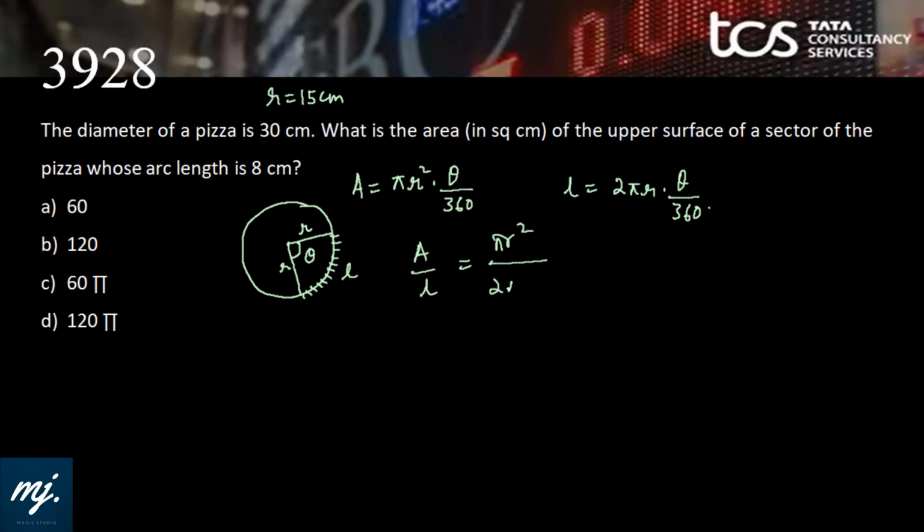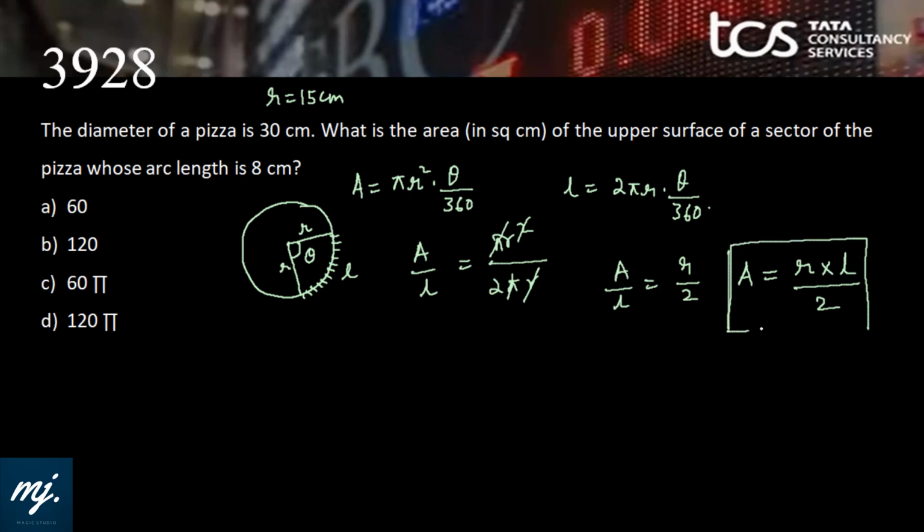Pi r square upon 2 pi r. Pi out, r also out. That means A by L is r by 2. Area of the sector can also be written as r into length of the sector by 2. And if we remember this formula, we would have answered this in 2 seconds only.